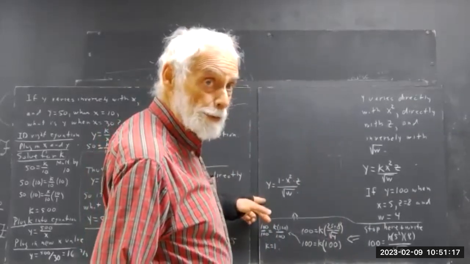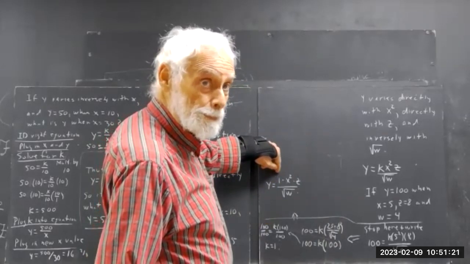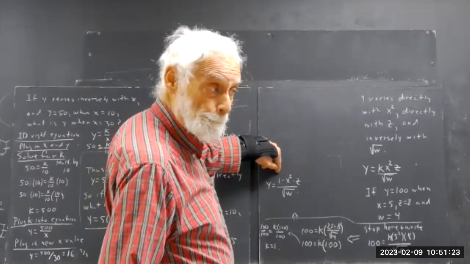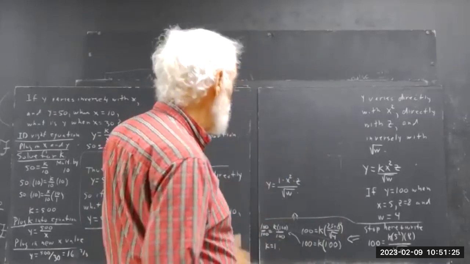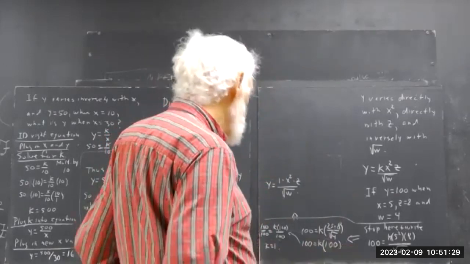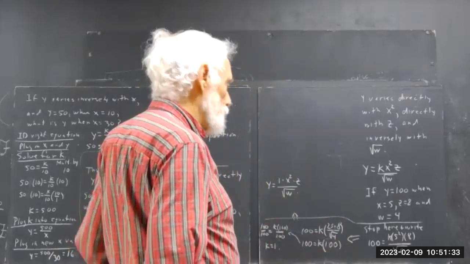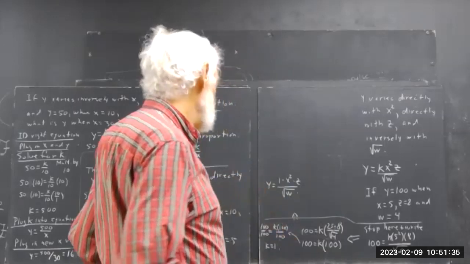We rewrite the equation with our value of k, which just happens to be 1. Then if I ask you what's the value of y when x equals 20 and z equals 2 and w equals 36.